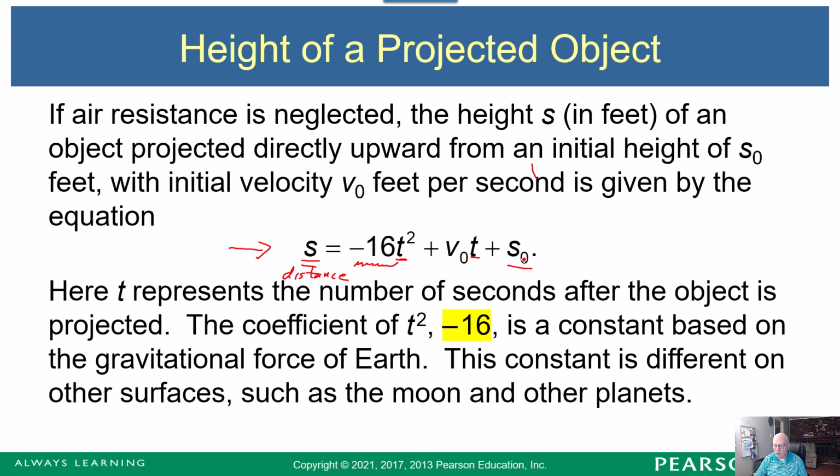Was the object at ground level, which means that was 0, or was the object maybe 50 feet above the ground, in which case this would be a 50 instead. Where is it initially? The 0 means when everything started, what did we have? What was the distance? What was the speed? And of course, we know that we're on the planet Earth, so the negative 16 works for this one.